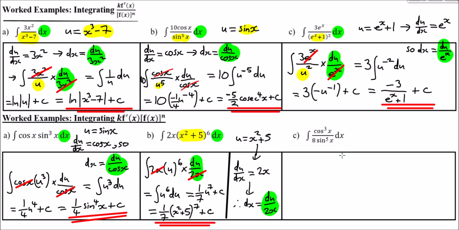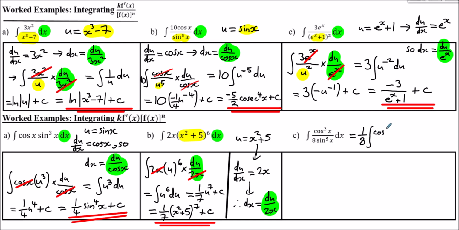The next one I've made deliberately as a challenge for you. So what I can suggest we do here, it already looks evil enough. Let's take that 8 to the outside of the integral. Let's say it's the same as 1/8. Now let's partition this into something a bit easier. So I've got cos cubed over sine to the 5.